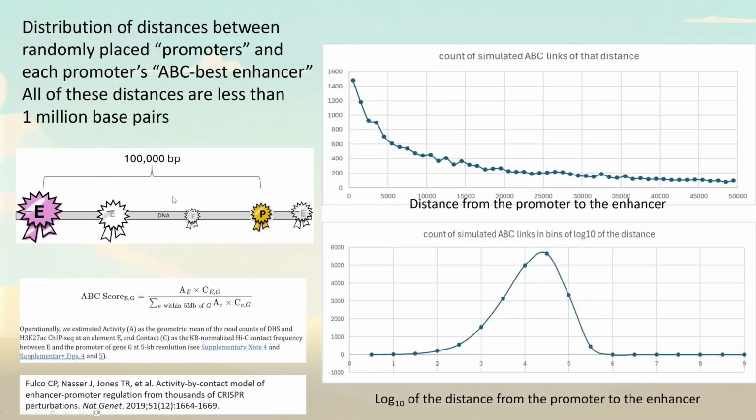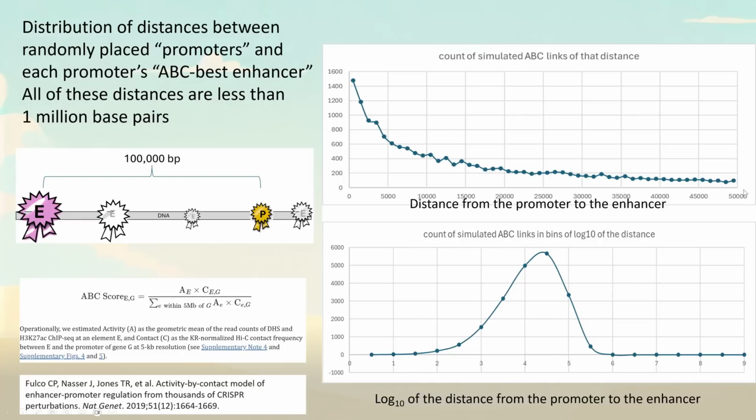And so now you end up with this average distance of more than the closest enhancers. You've got the closest enhancer, but oftentimes you have to go to one that's further away. And if you plot this now in regular distance, you get this sort of graph. And if you plot it in this log space, you get a peak out here between 10,000 and 100,000.